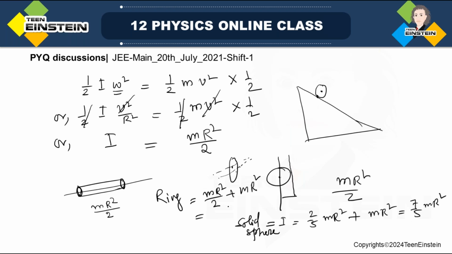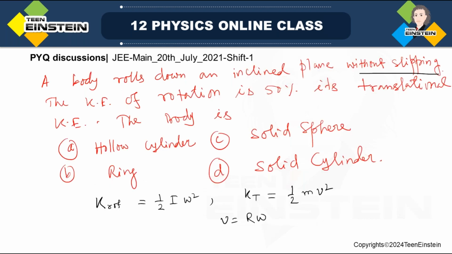So this should give you 3 by 2 m r square. Then it is not a solid sphere. What else are the options? The options are solid sphere, solid cylinder, hollow cylinder, and ring.